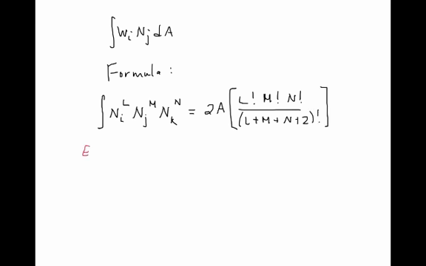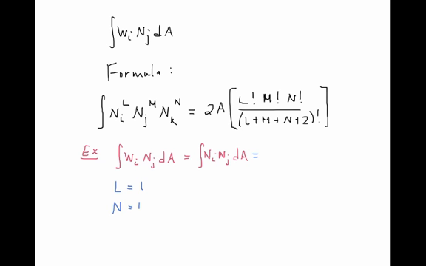As an example, let's apply this to that temporal term, to the integral of W sub I n sub j dA, which we can write as ni nj dA, because the weight functions and basis functions are the same. So in this case, L is equal to 1 and m is equal to 1.